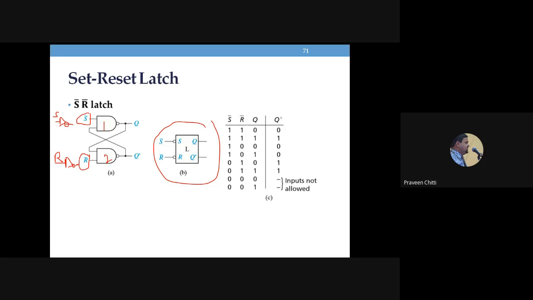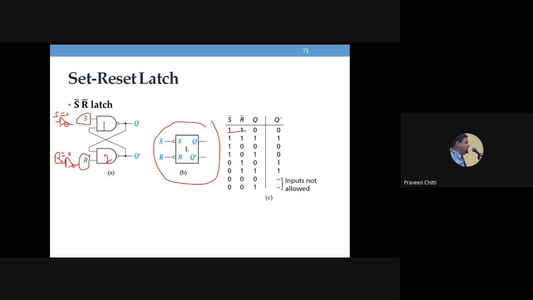If we give S bar and R bar as 1, 1, that means S equal to 0 and R equal to 0. This is the first input combination. S bar and R bar becomes 1, 1. We gave 0, 0, but it is complemented, so both are 1, 1. And we know the property of the NAND gate: the output of the NAND gate will be 0 only when both the inputs are 1.